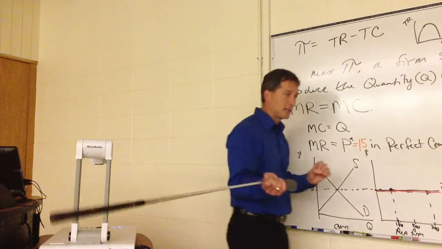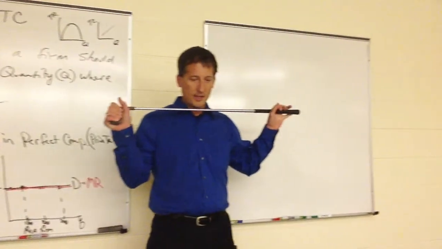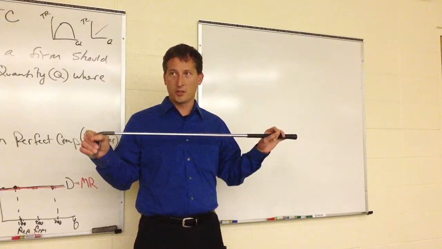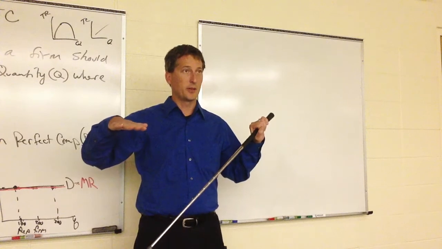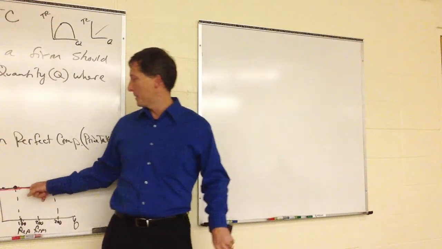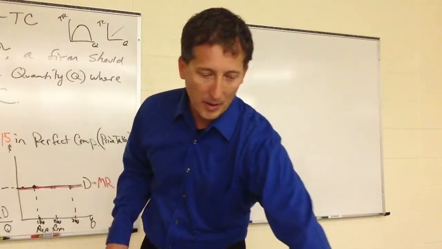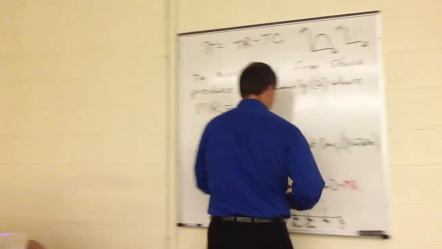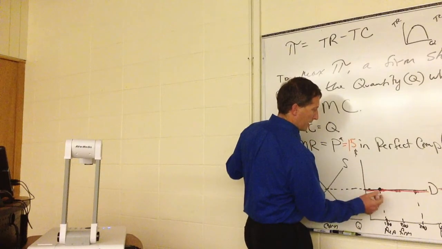Now, just to tie this back since you brought it up, Taylor, the long run situation is what we just described, where profits are going to be equal to 0. And that happens when average total costs are minimized. We're probably going to do this on the next problem, but this might serve just as good a purpose now.